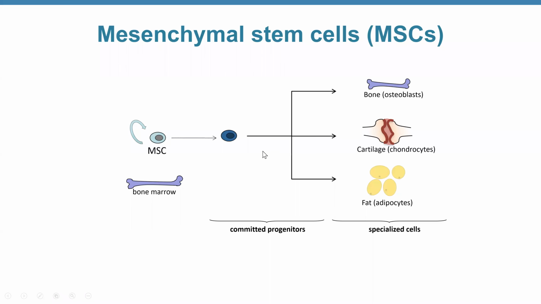So here are our mesenchymal stem cells, right? For example, found in the bone marrow, they can renew themselves. Then they form committed progenitors, and these committed progenitors will give rise to osteoblasts, chondrocytes, or adipocytes, the specialized cells.